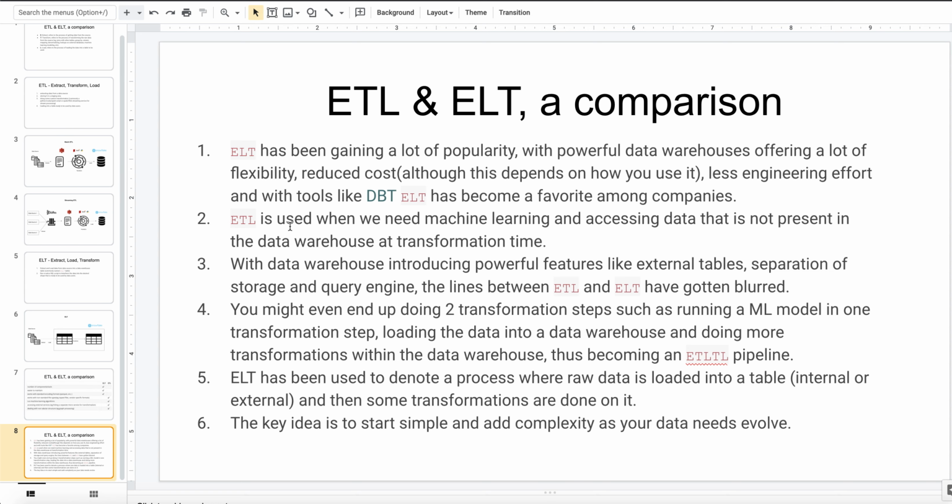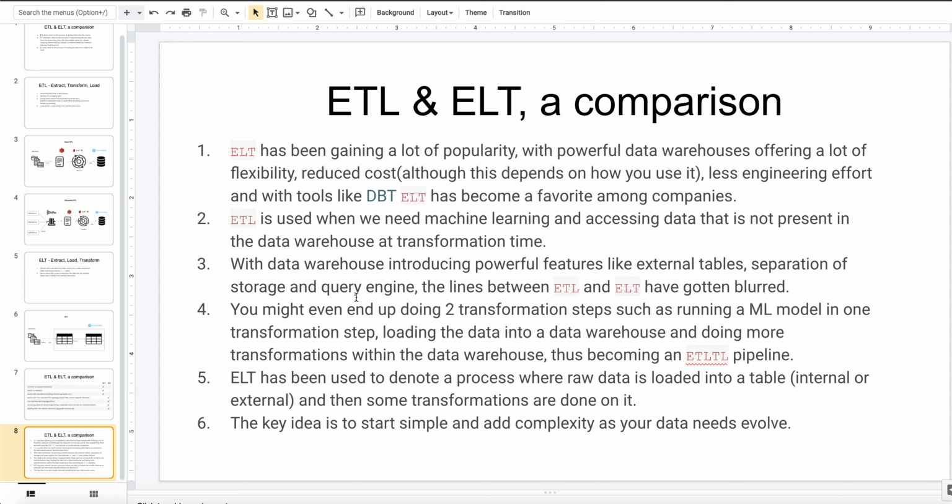Again, as we mentioned earlier, data warehouses are getting powerful features like external tables and separation of query and storage. And because of these, the separation of ETL and ELT is getting difficult because in most cases it's a combination of both. So let's look at an example.